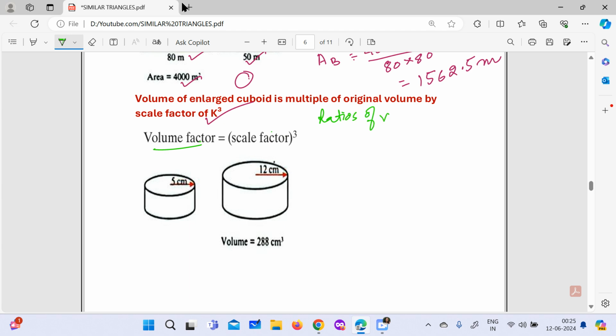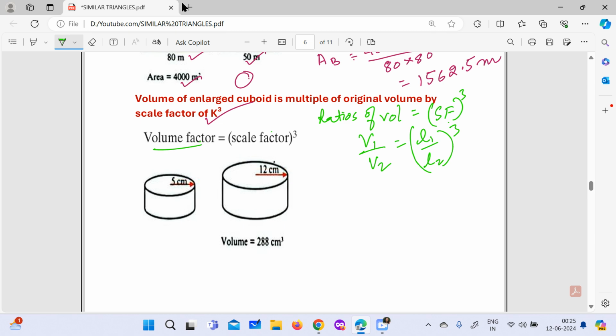Ratios of volume equals scale factor whole cubed. Again, same thing. What is the scale factor? It is nothing but the ratios of the length. So we can call it V1 upon V2 equals L1 upon L2 whole cubed. So this is the formula for finding the volume or length for similar shapes.